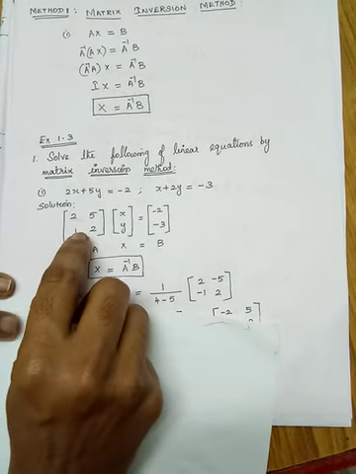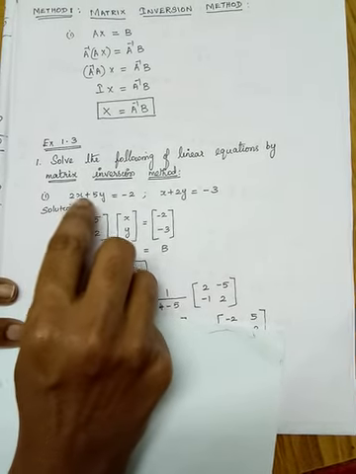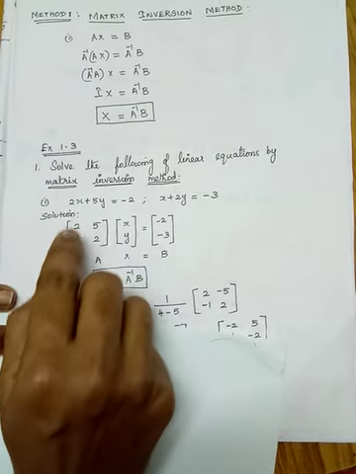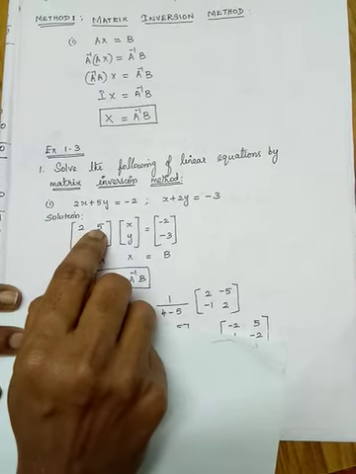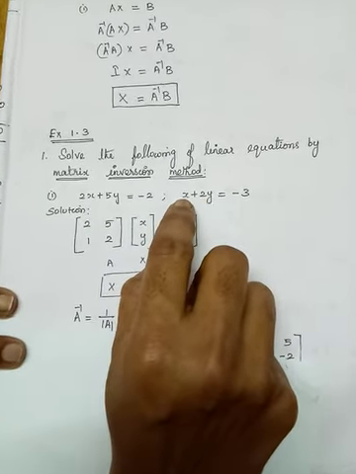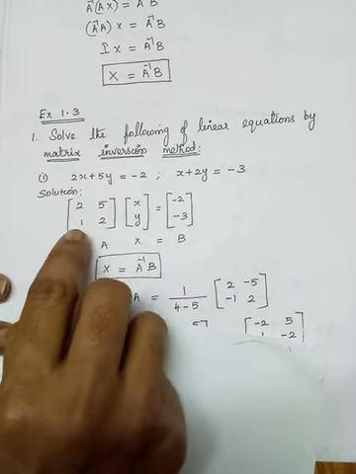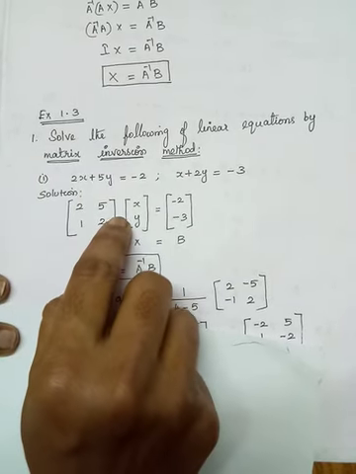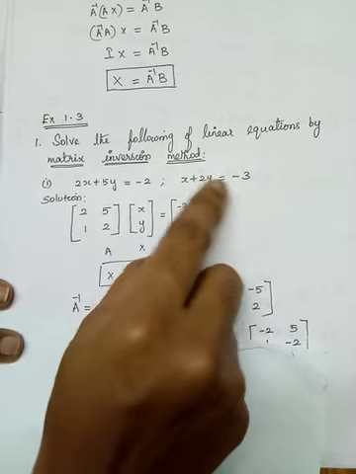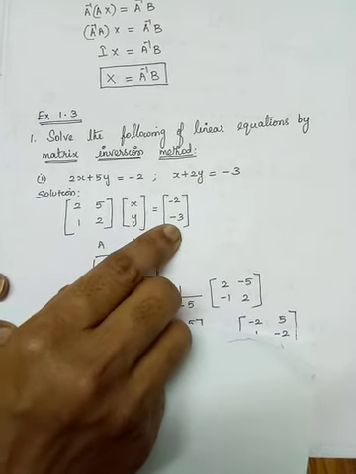So how to write A now? You have to take the coefficients of x and y on the left side. Here you have 2, 5, which is written as the first row. In the second equation, the coefficients of x and y are 1 and 2, written as the second row. Into x, y, which is equal to the right hand side numbers -2, -3.